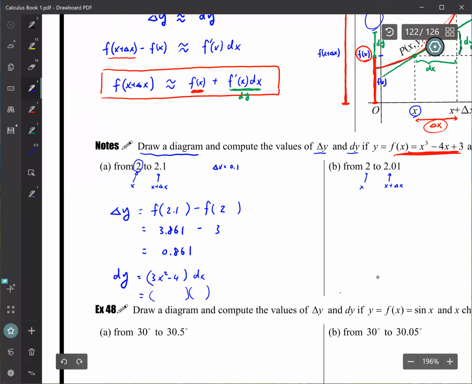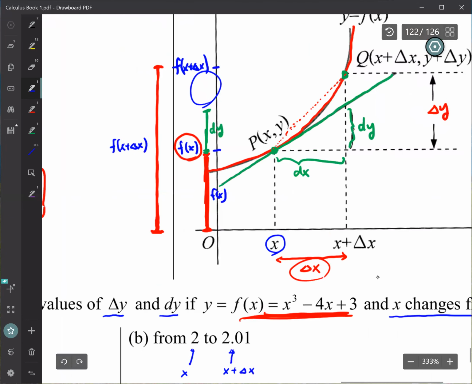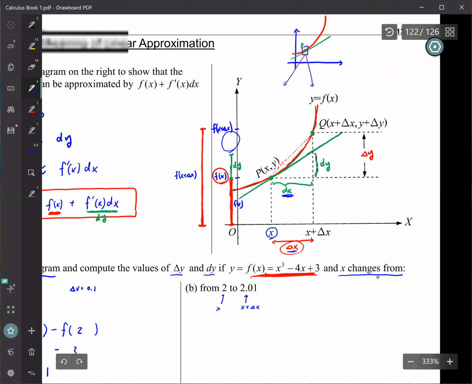What value should we put for dx? Is it 0.861? No, 0.861 is delta y. Isn't it delta x, like 0.1? Yes, 0.1, right? As we mentioned before, delta x and dx are the same. The only difference is delta y and dy. They are close, okay? They are not the same. They are close to each other.